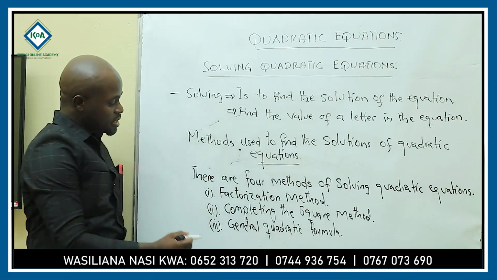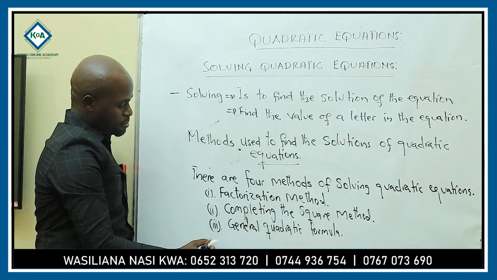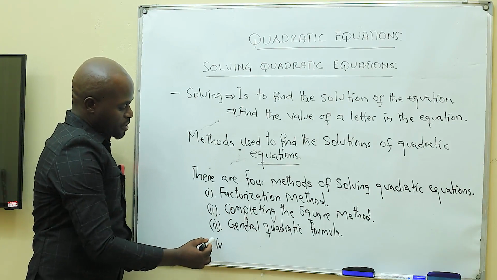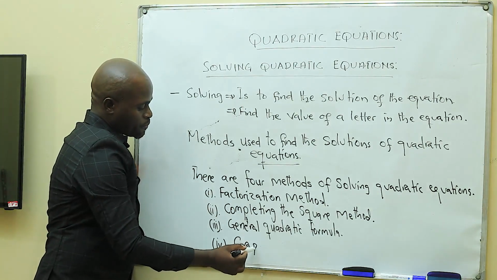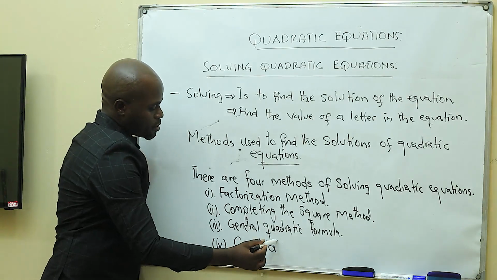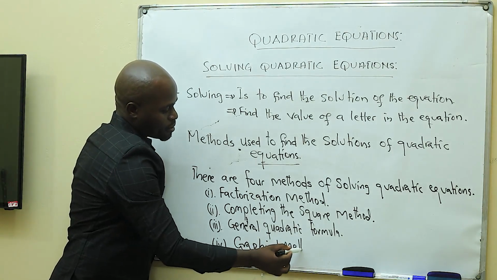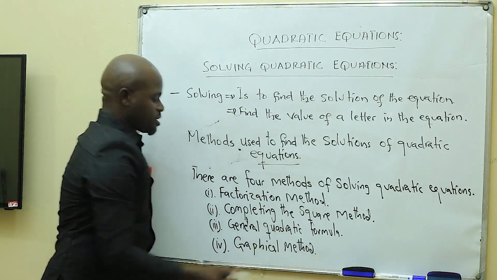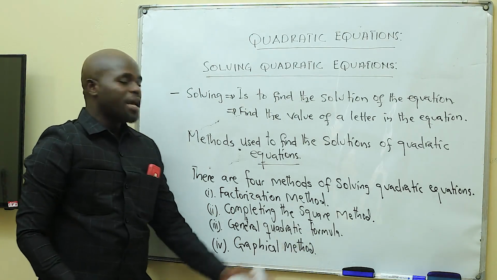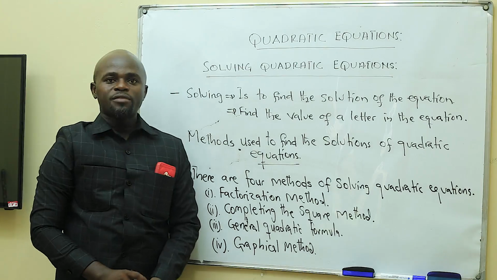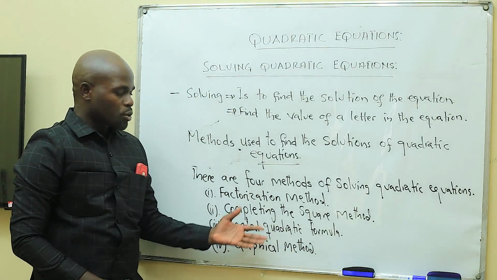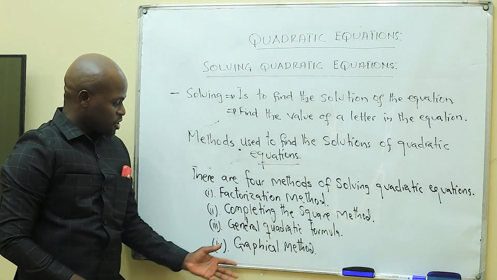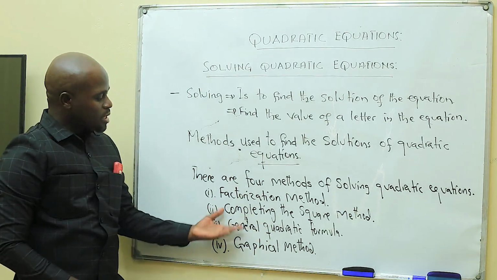But the last one is, instead of using these 3 methods, you can use the fourth method, which is the graphical method. So we have these 4 main methods which are always used to find the solution of quadratic equations. We have to go one after another.